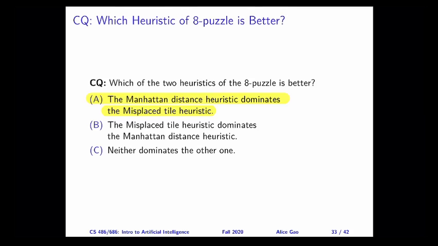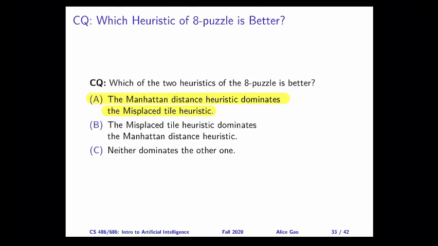The Manhattan distance heuristic will add at least 1 and possibly more for each such tile. Therefore, the Manhattan distance heuristic always produces a weakly higher value than the misplaced tile heuristic. Please watch a separate video for a detailed explanation.